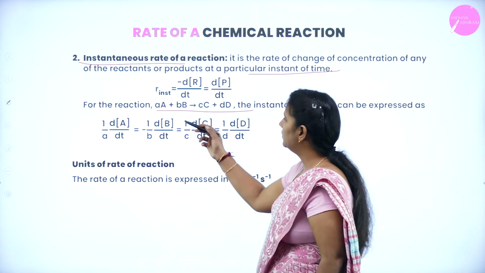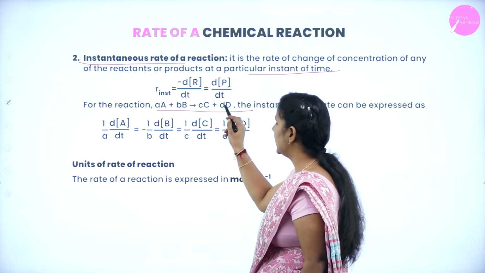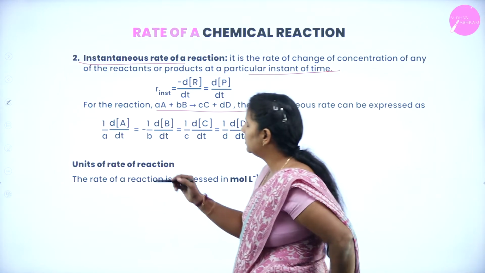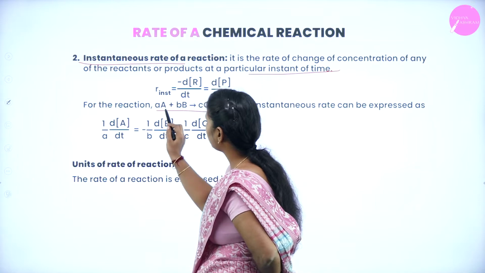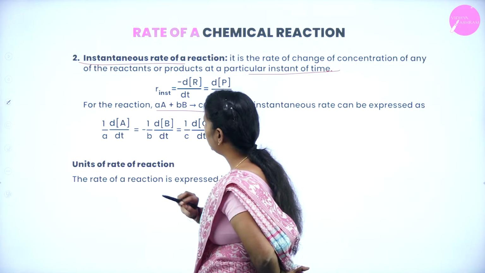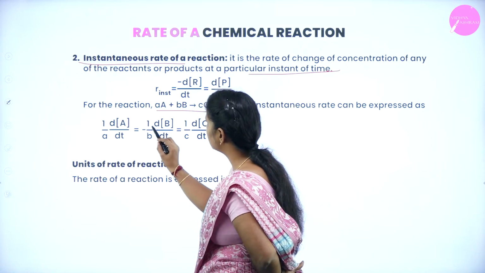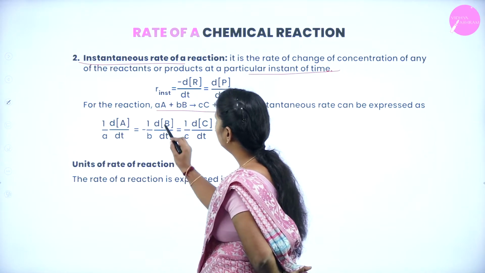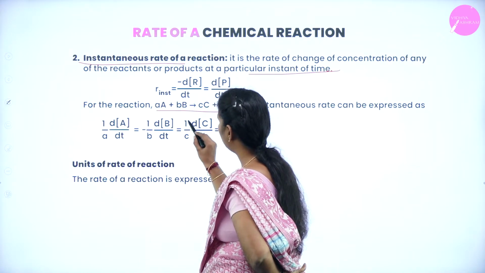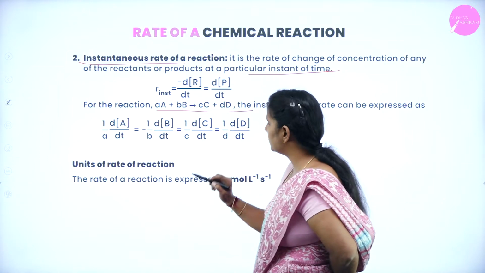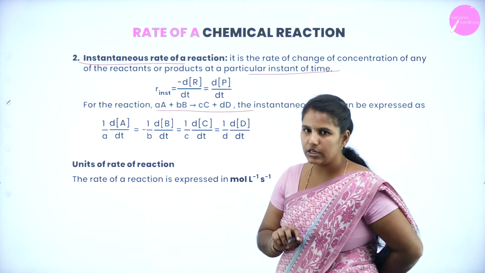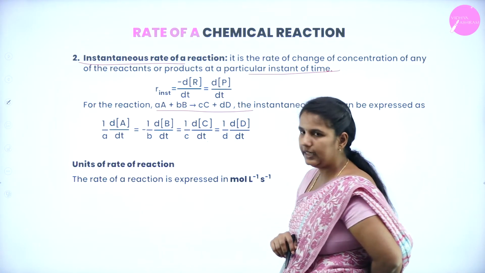We know that small a, small b, small c and small d are the stoichiometric coefficients. So minus 1 by a d concentration of A divided by dt, which is equal to minus 1 by b d concentration of B divided by dt, which is equal to 1 by c d concentration of C divided by dt, which is equal to 1 by d d concentration of D divided by dt.